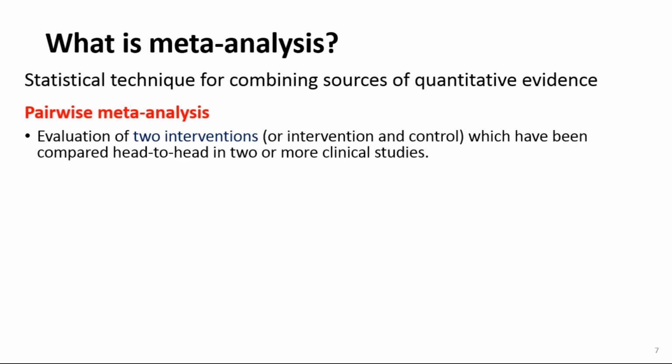This is the traditional meta-analysis, which is in most Cochrane reviews. So this is the evaluation of two different things, so two interventions, maybe intervention versus control, drug versus placebo, which have been compared head-to-head in 2 or more clinical studies, and that data can be combined across the studies to get an idea of how those interventions or the interventions and control compare to each other.